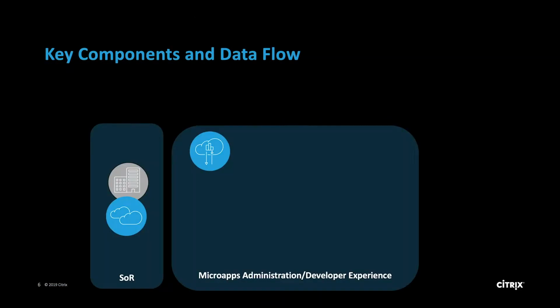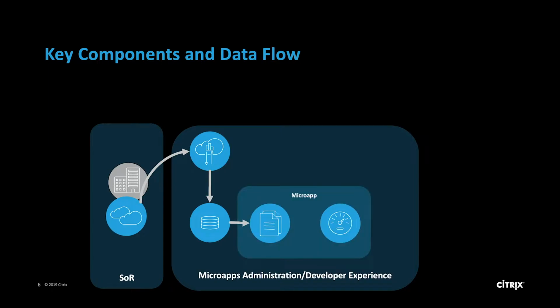So we're starting with a system of record, where the data integration is pulling out the data from it and storing the data in the data cache. And as soon as the data is stored in the data cache, we have pages that allow the end user to surface that data, as well as business logic rules set as a part of the events. So based on that, we trigger the events.